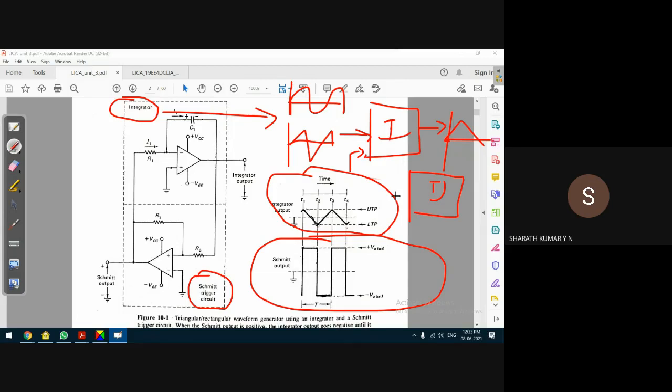If you apply a triangular waveform as input, it will give a square pulse as the output. So a differentiator also you can build using the op-amp circuit. That is why this circuit is called an op-amp. Op-amp means operational amplifier. It performs various mathematical operations: addition, subtraction, integration and differentiation. The difference amplifier we have seen. So this is the meaning of an integrator.